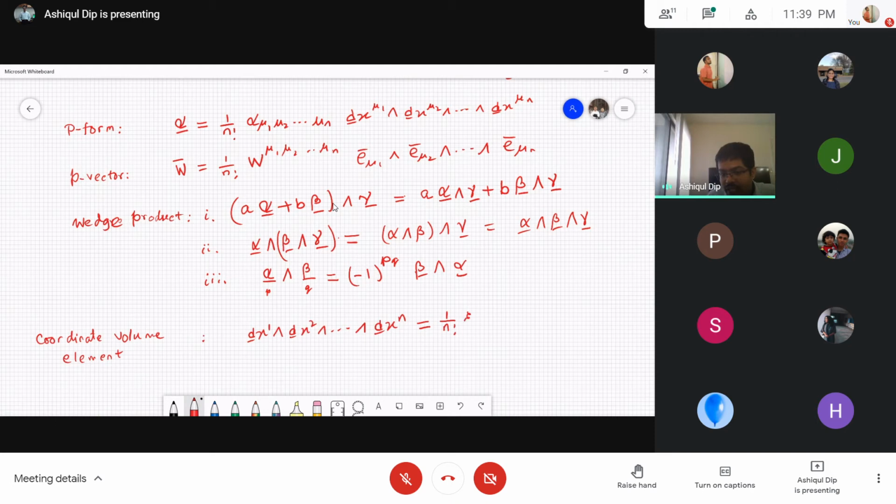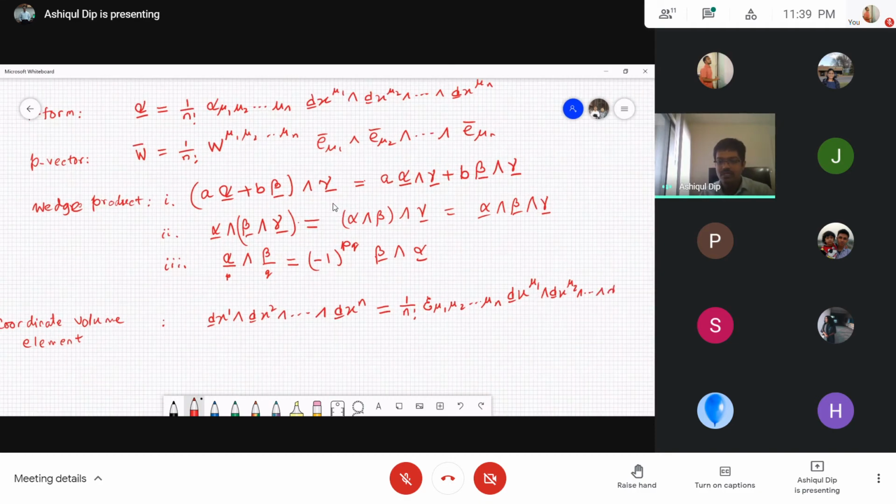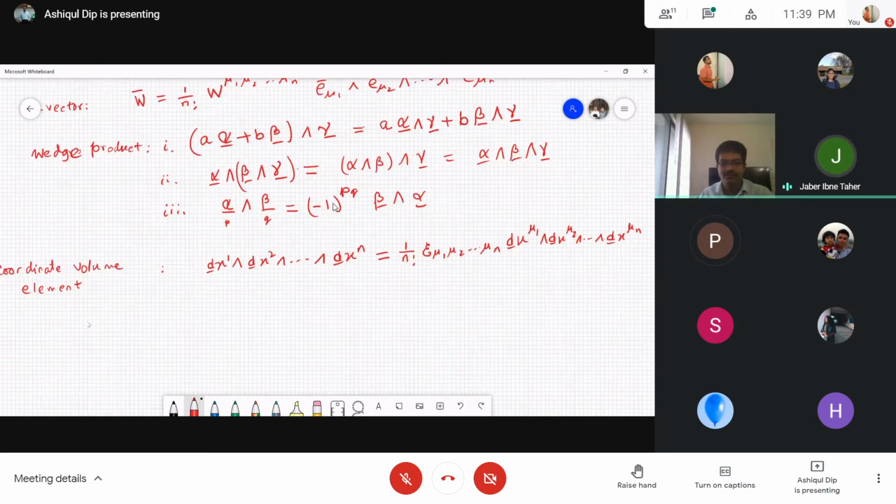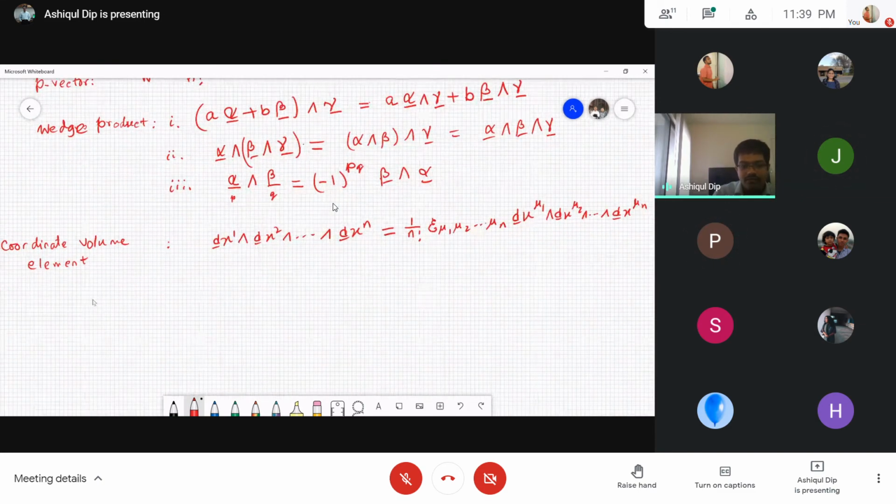then in terms of E, E mu1 mu2 up to mu n dx mu1 wedge dx mu2 up to dx mu n, right? Okay, the permutation symbol.